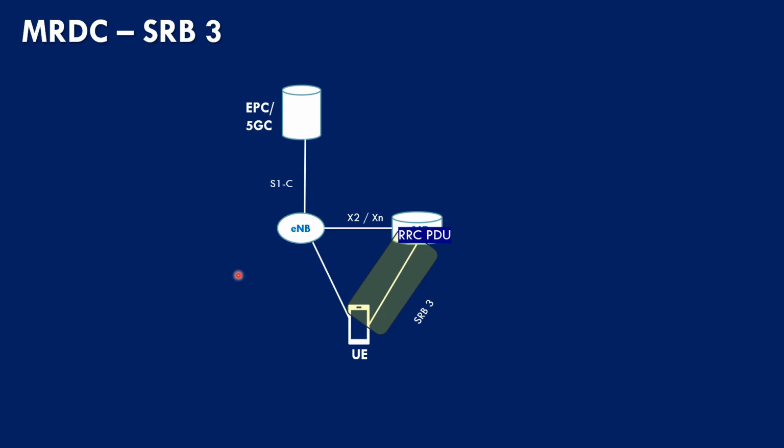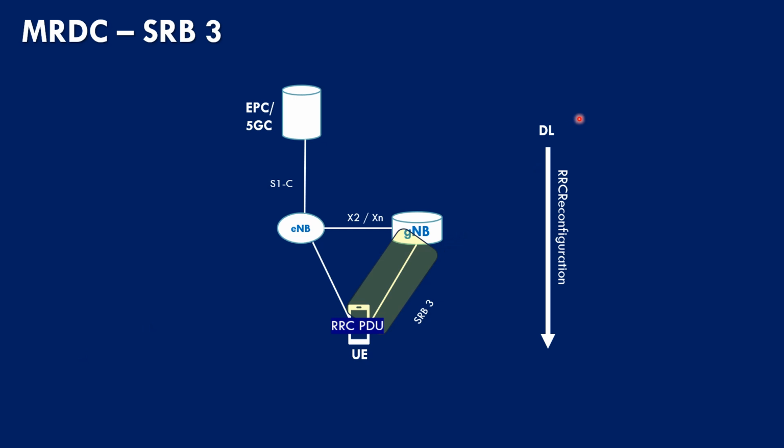So if the UE is configured with SRB3, it can send some of the control messages or RRC PDUs directly, and they need not be sent via the E node B. This happens only when this special type of SRB3 is configured.